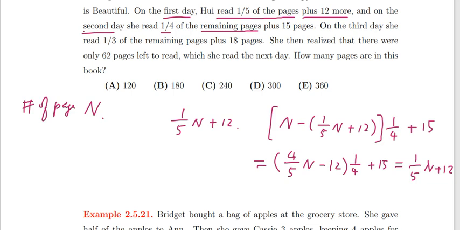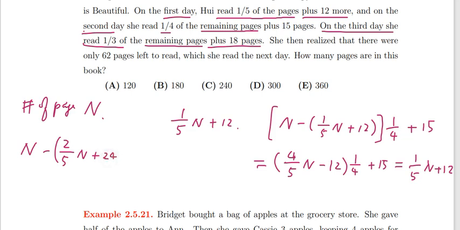Okay. So on the third day, she read this plus 18. So let's say third day. What are the remaining pages? A minus first day and second day, so just multiply by 2, right? So 2/5 A plus 24.